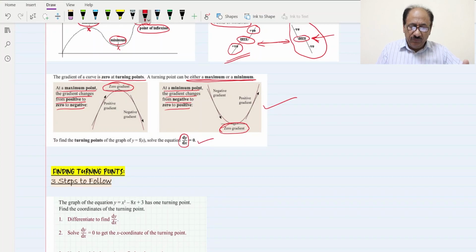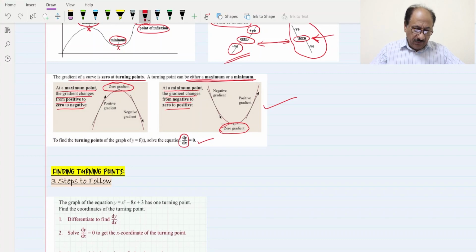This is how we will get the x value, the x coordinate of the point. And that x value we will replace in the function to get the y value. This is how we will get the coordinates of the turning point.